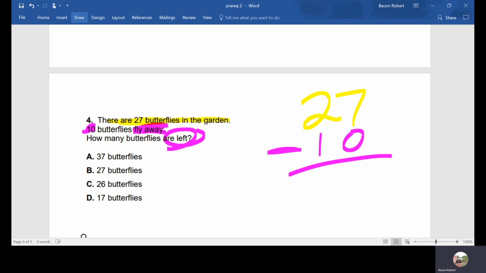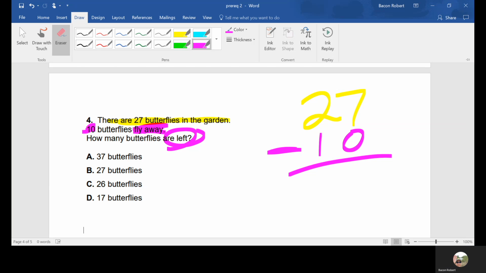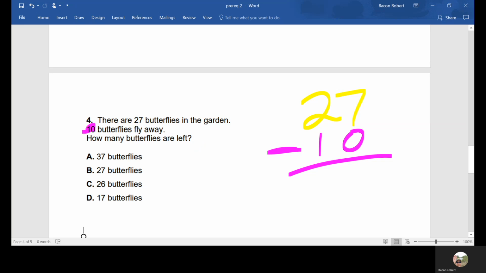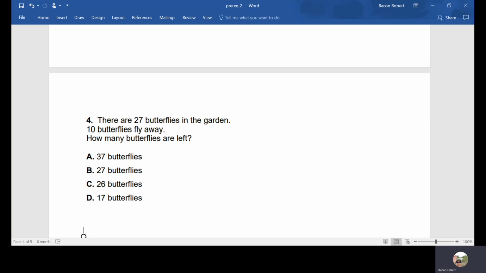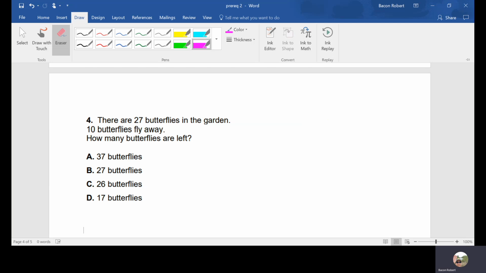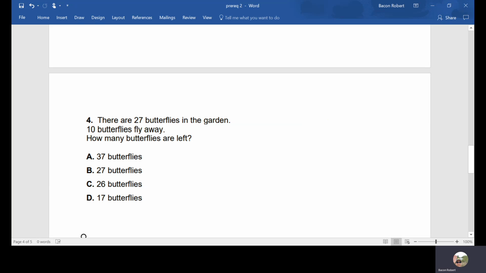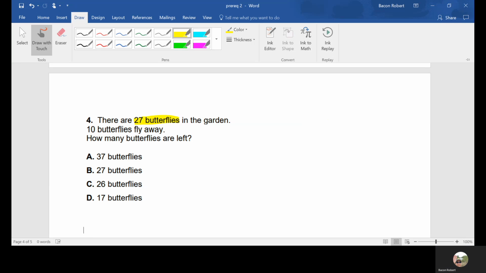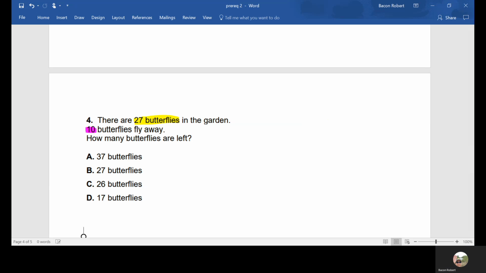Let's look at that again. If we read carefully, we know there are 27 butterflies to begin with. 10 fly away.